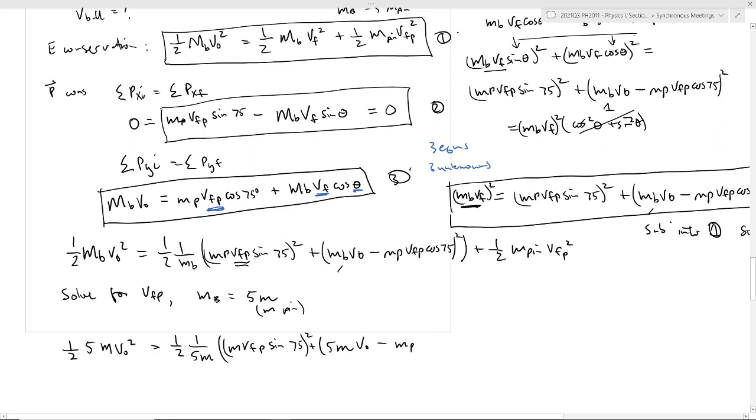Then this is mass of the pin, VFP cosine 75 plus 1/2 M V final pin squared. So, okay, we're starting to make some progress.